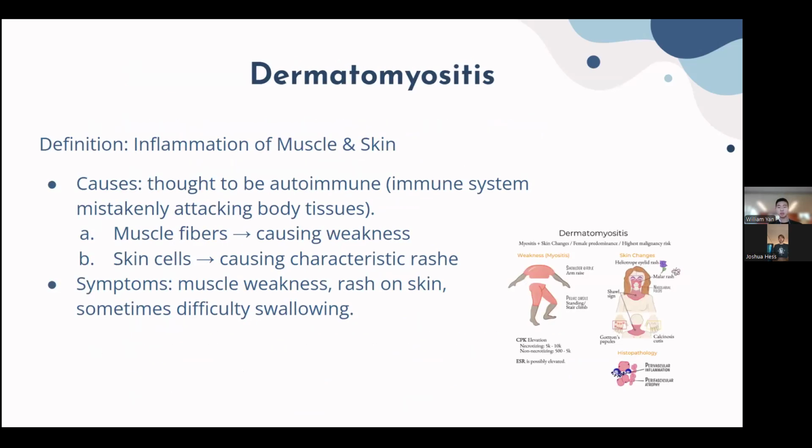Okay, so moving on to a similar autoimmune disease, called dermatomyositis, which is inflammation of muscle and skin. The causes are mainly autoimmune, which means our immune system is attacking our own muscle fibers and skin cells, causing muscle weakness and skin rashes, the typical symptoms of dermatomyositis.